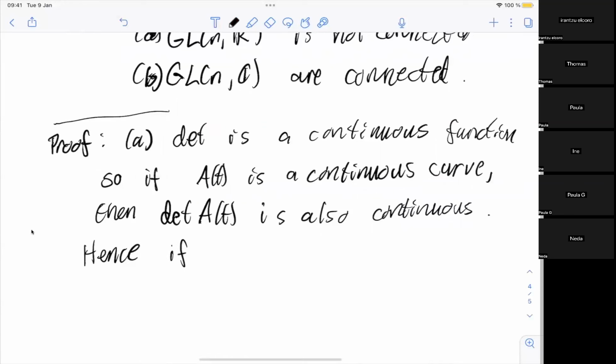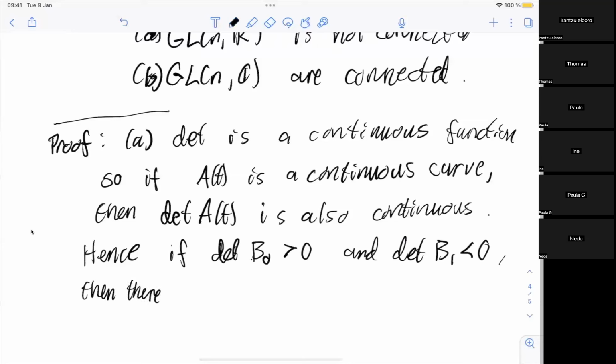So hence, if the determinant of B0 is, let's say, since we had it on the drawing, greater than 0, and the determinant of B1 is less than 0, then there is no curve A of t from B0 to B1.